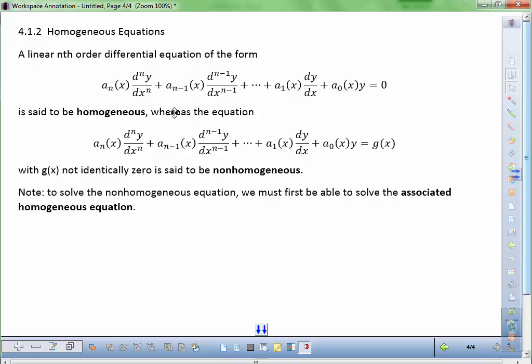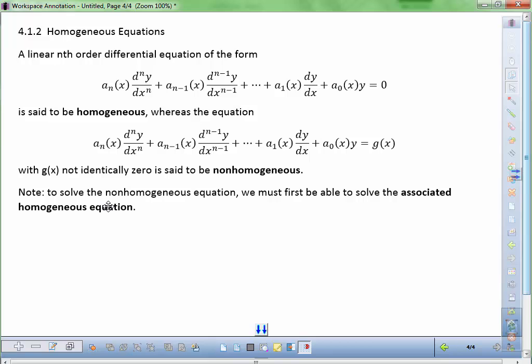If that function on the other side is 0, then it's called homogeneous. If you have something that's not 0, I mean x minus 3 is not 0. It might equal 0 when x is equal to 3, but it's not identically 0. That means that you're not looking at the 0 function. Then it's non-homogeneous.